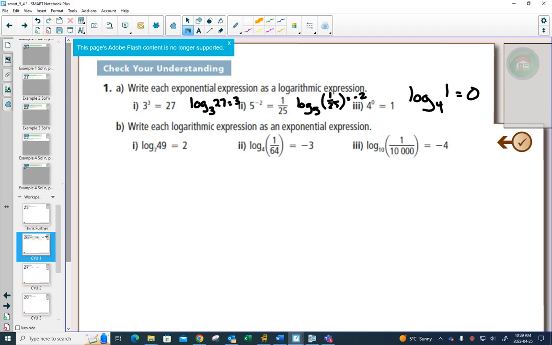And one of the things that I use for the definition of the logarithm is, if the purpose of a logarithm is to solve for an exponent, then the exponent is always the answer.